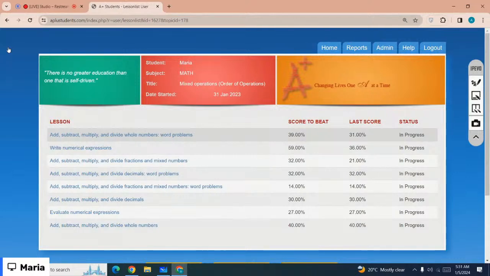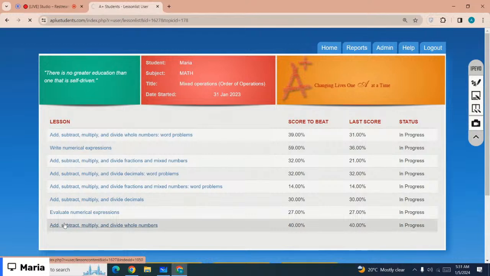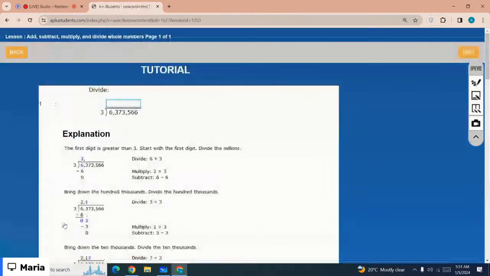The next lesson is add, subtract, multiply, and divide whole numbers. Now we're going to see how we add, subtract, multiply, and divide the whole numbers, right? The first one is you have to divide.